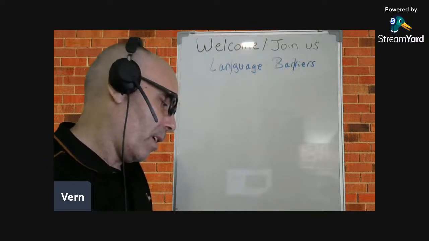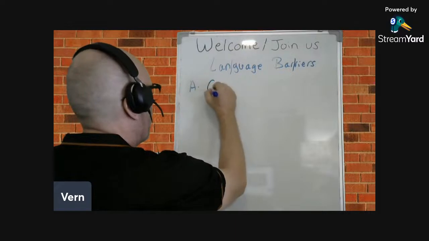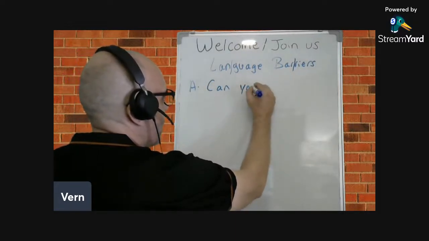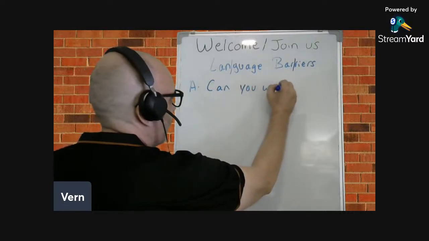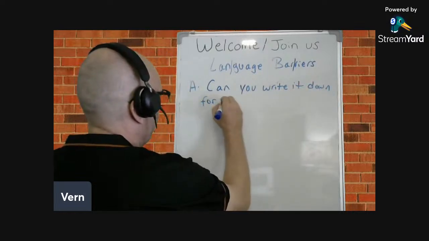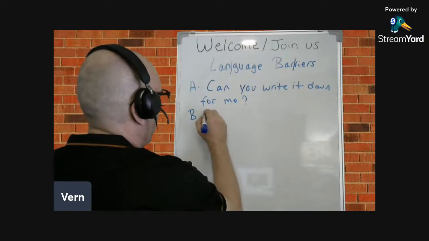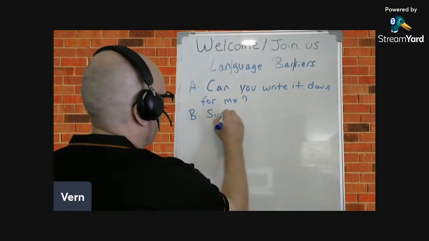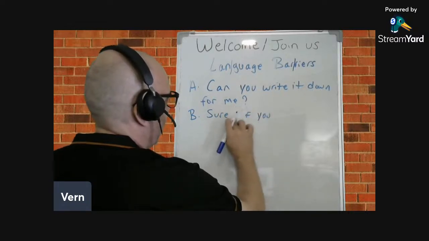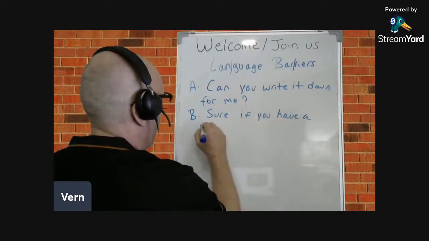So where are we? Language barriers. All right. A asks, can you write it down for me? So maybe they're lost and they need directions. Can you write it down for me? Sure, if you have a pen and paper.